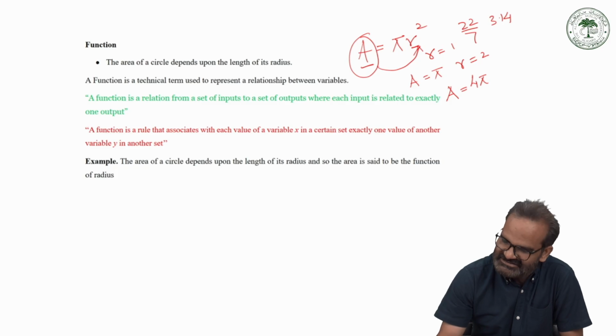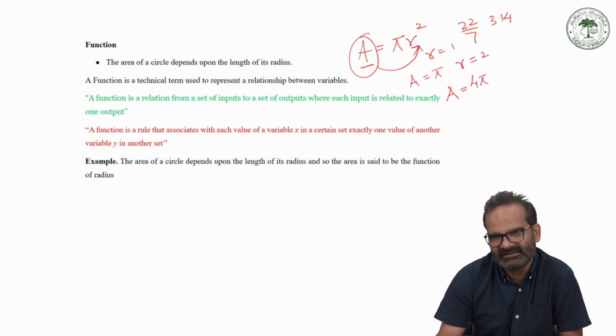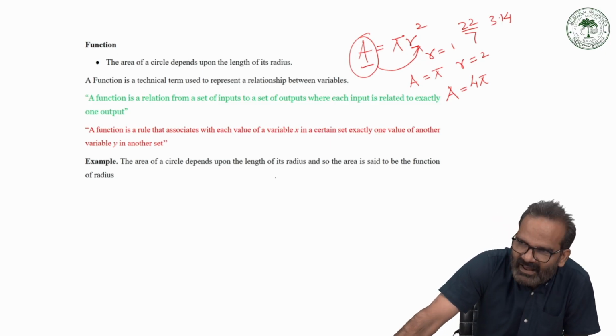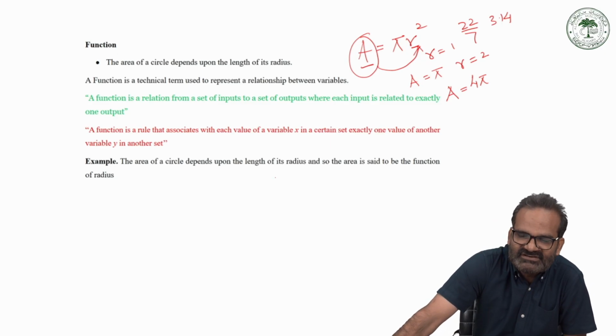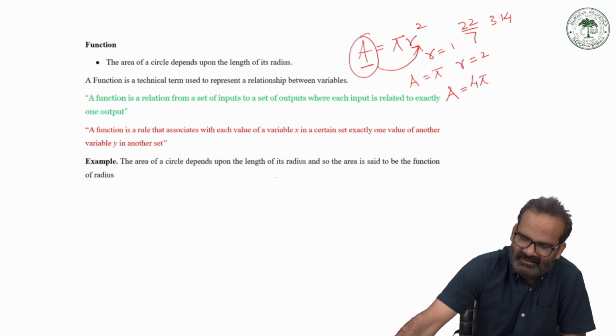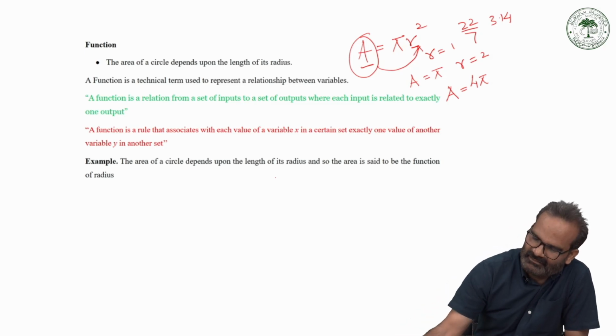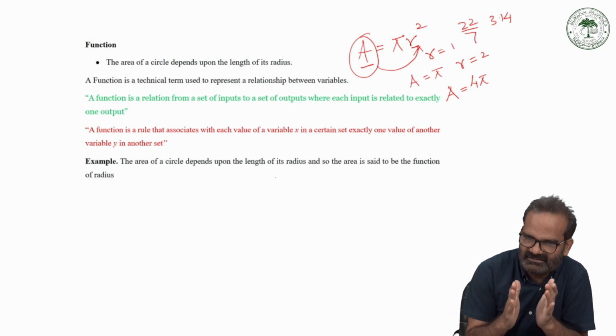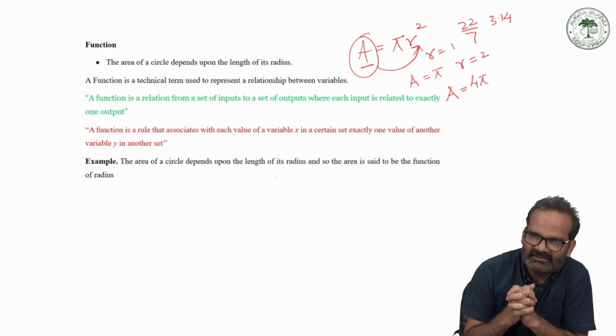This relationship in mathematics is explained with the help of a function. A function is a technical term used to represent a relationship between two variables. What is the meaning of a variable? In mathematics you will encounter two kinds of quantities: constant quantities and variable quantities.